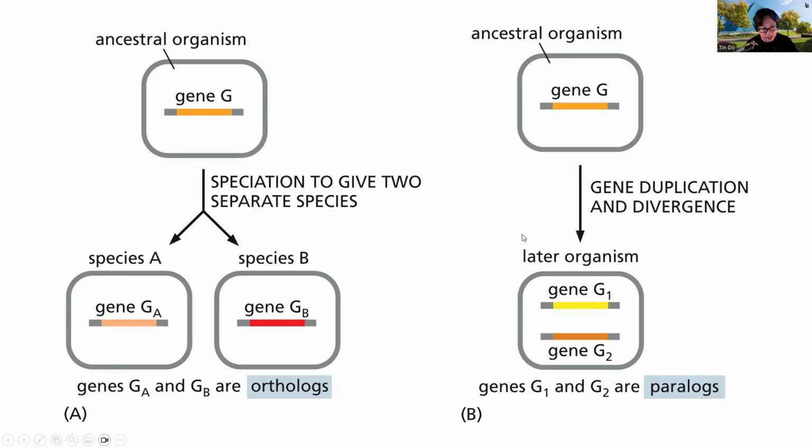Now, in B right here, you have that same gene, but through duplication of the gene within that same organism, you can have both gene 1 and gene 2 at the same time. These are known to be paralogs, and they could be used at the exact same time.